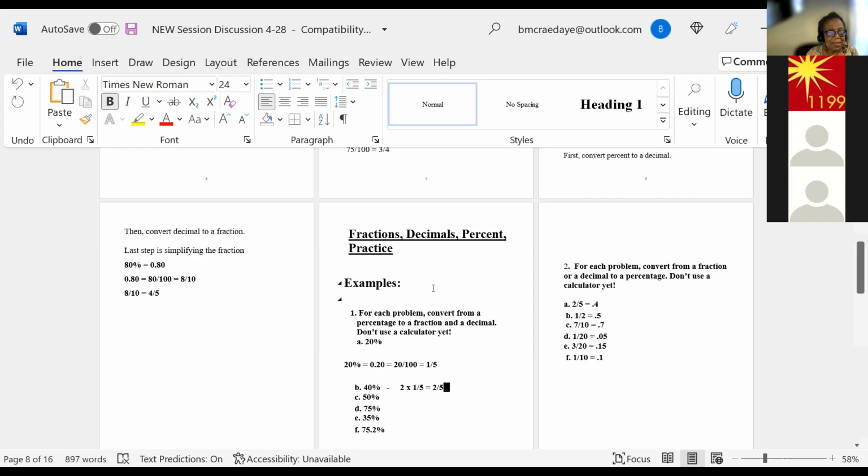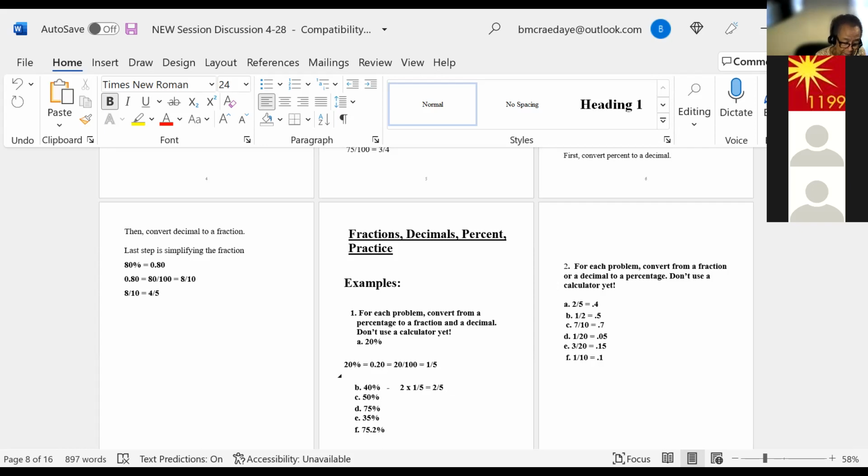Remember, I said it's double. If 20% is 1/5, 40% is just going to be double that. So instead of saying 1/10, I should just say 2/5, because it's double. You didn't have to go through it again, because 40 is going to be double whatever 20 was.